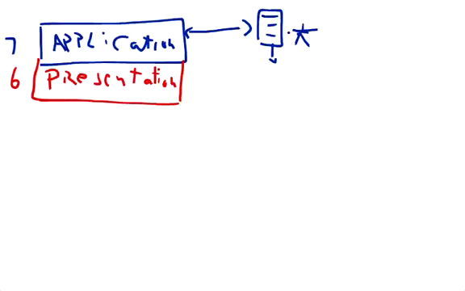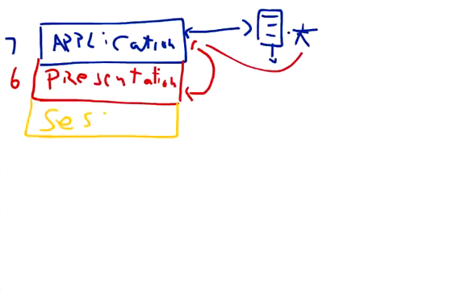The main purpose of the presentation layer is to convert the data from machine readable format into the human readable format or application readable format. That is why it is called the presentation layer. And under the presentation layer, we have a layer called session layer.